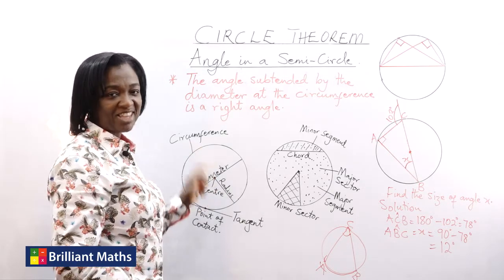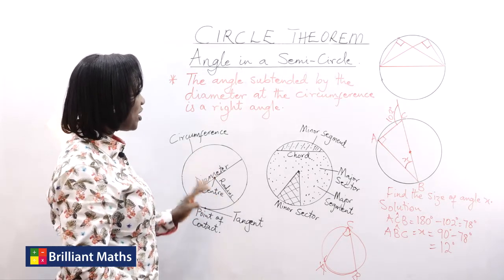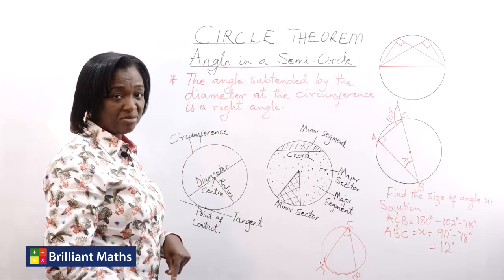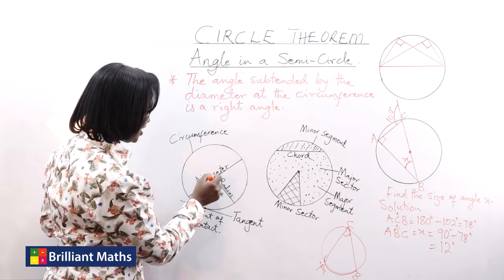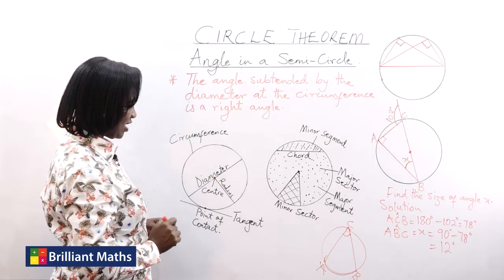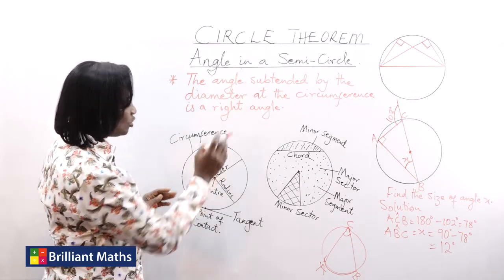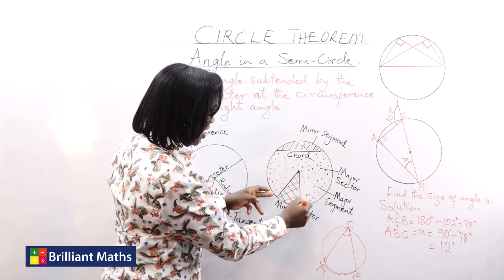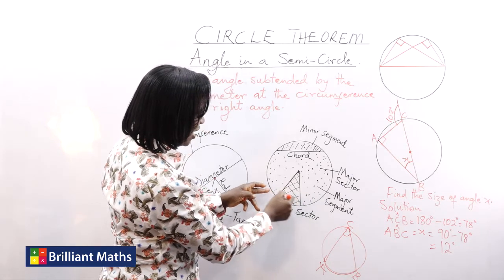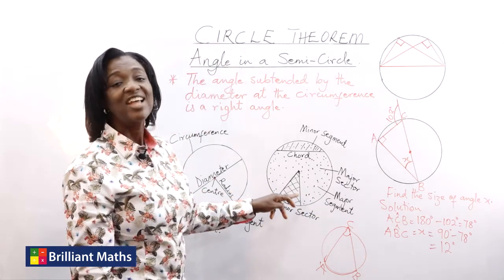The center of the circle is very important when you are learning circle theorems, because a lot of the theorems have to do with the center. So that's the center of the circle there. And when you have two radii enclosing a portion, it is called a sector.